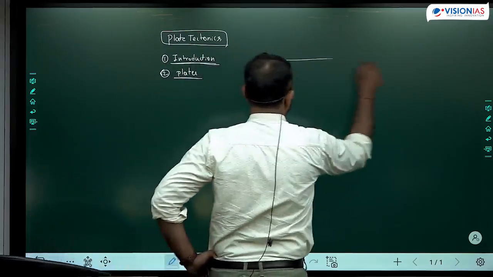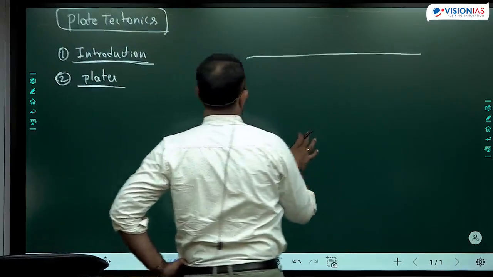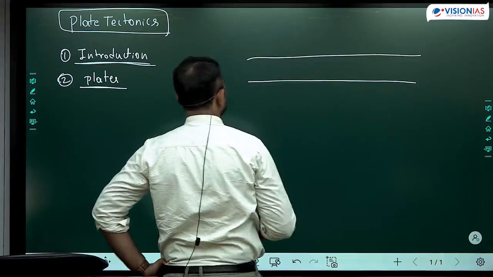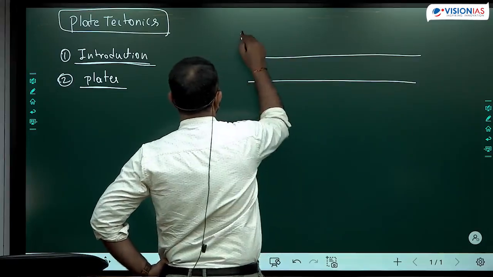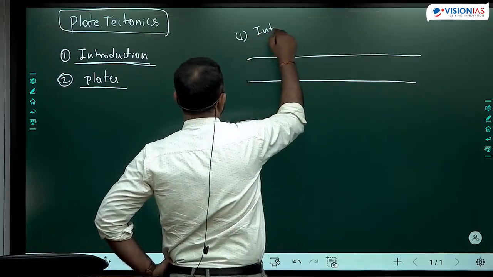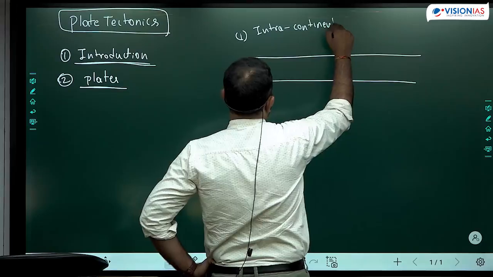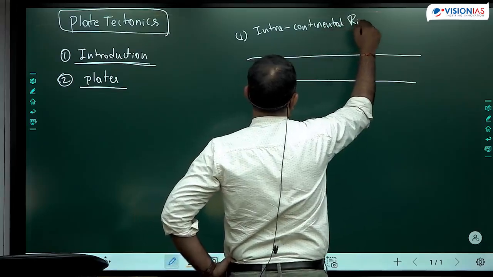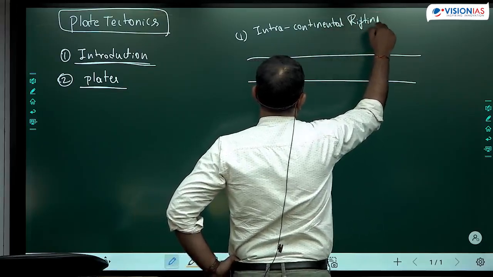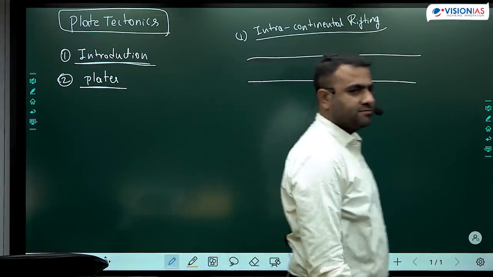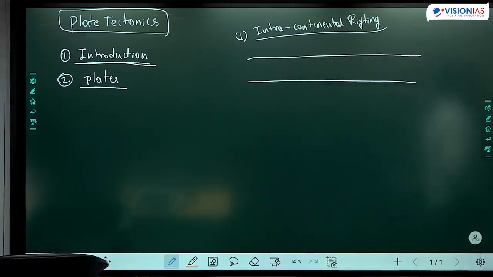The first stage is intracontinental rifting. Rifting is cracking. Intra is within.